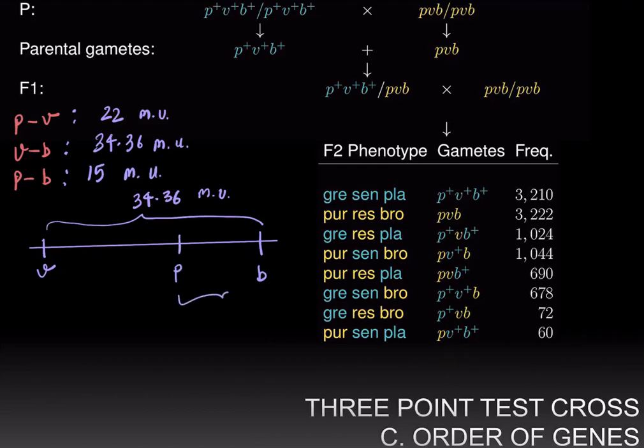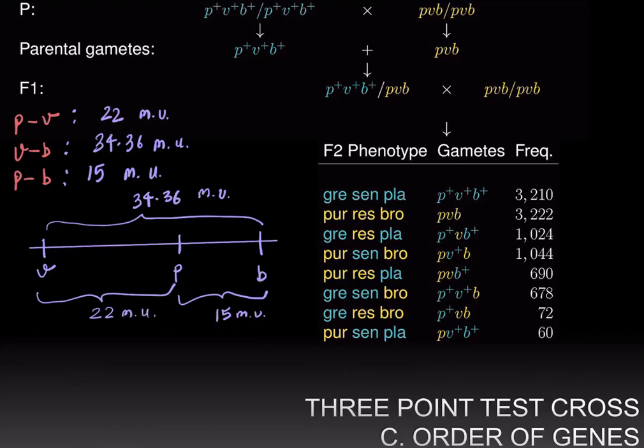And this distance between PB is 15 map units, and the distance between V and P is 22 map units.